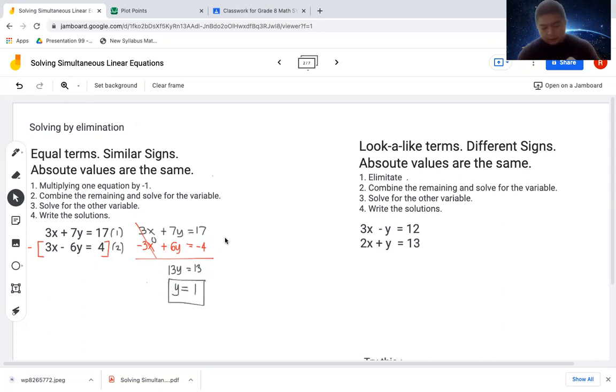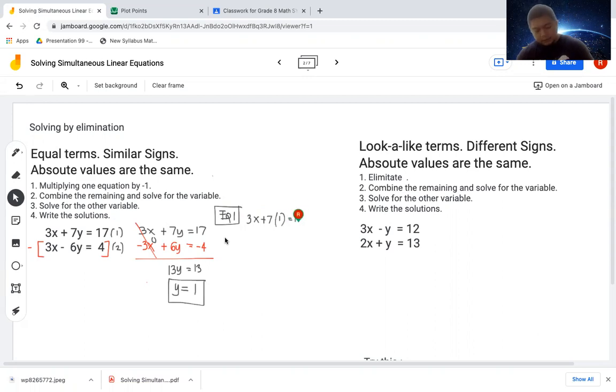from here, you will now solve for the value of x. All you need to do is choose an equation that you think will give you an easier task. So for example, in my case, I would rather choose equation number 1 and substitute the value. This is going to be 3 times the value of x plus 7 times the value of y, which is 1, equivalent to 17.